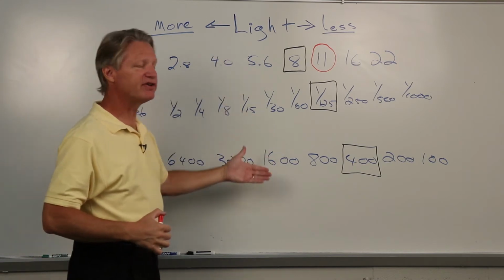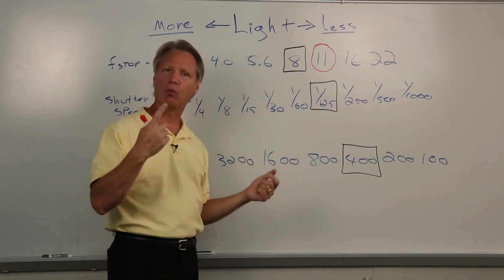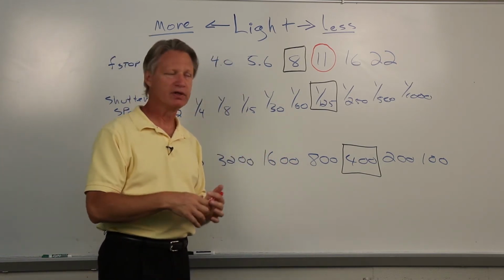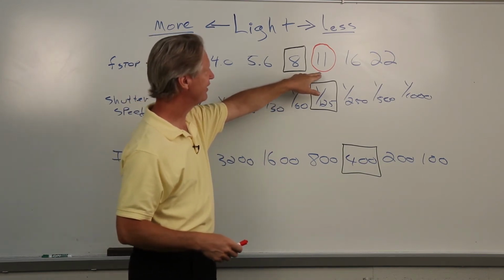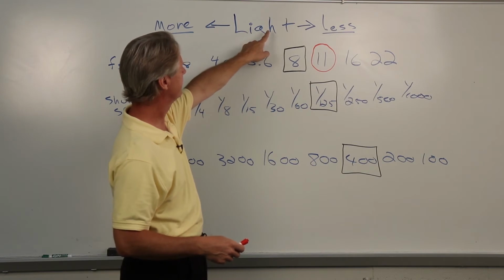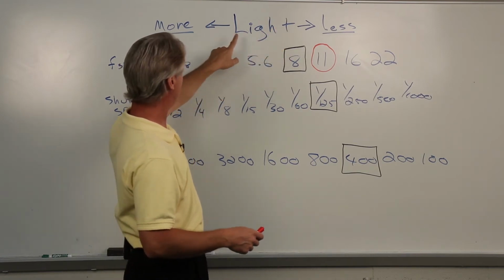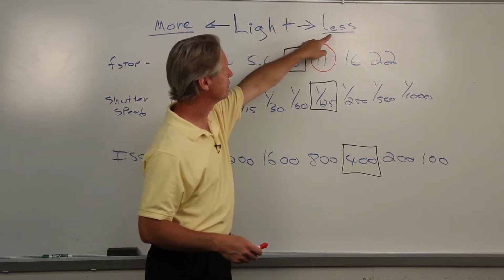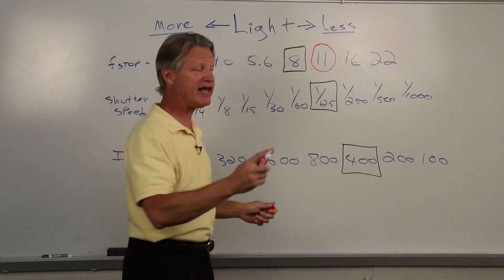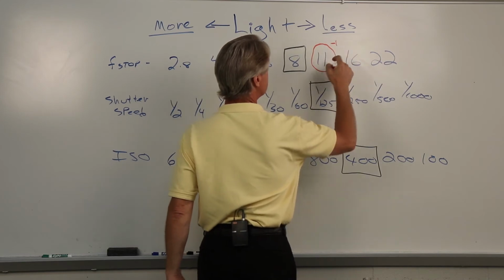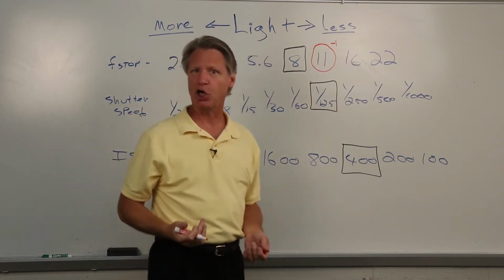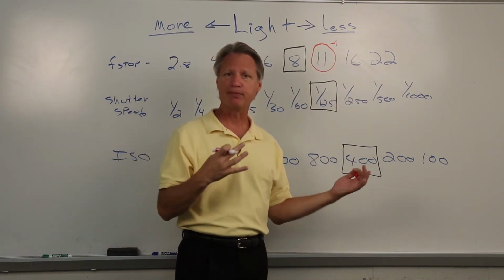Now, the basis of photography is everything works on one-stop increments, right? So if we were to change our lens from f8 to f11, what have we done with light? That's right, we've gone from f8 to f11, so we've gone one stop less light. We might write that down as -1. So our picture is going to be darker, one full stop darker.